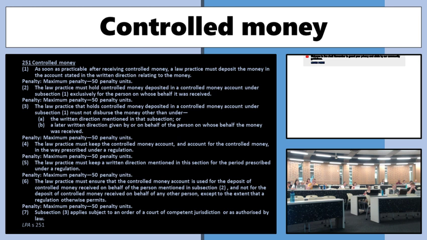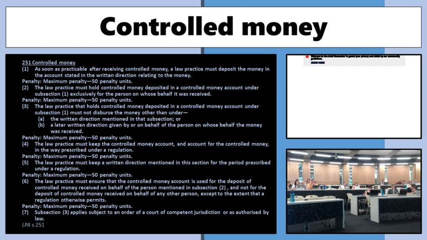Controlled money accounts, there are rules for setting them up, there are rules for how you have to name them, and there are rules about who can have access to control that particular money. The idea of this is that your clients can go and set these things up. It all has to be done in writing.